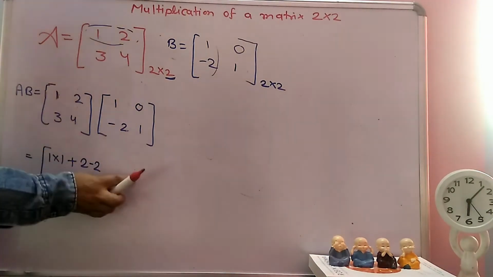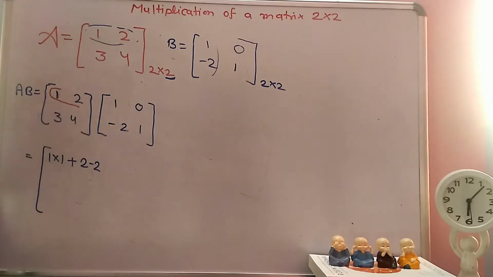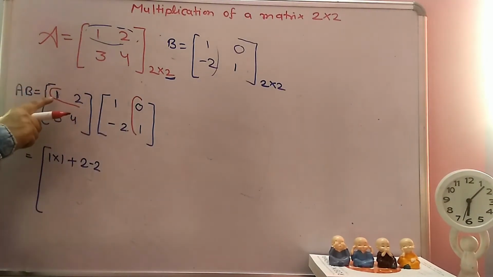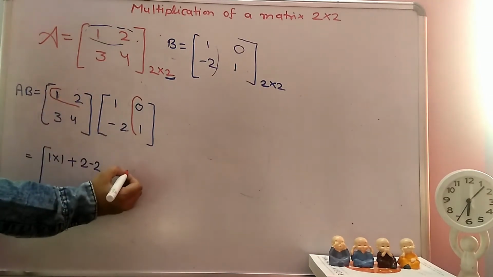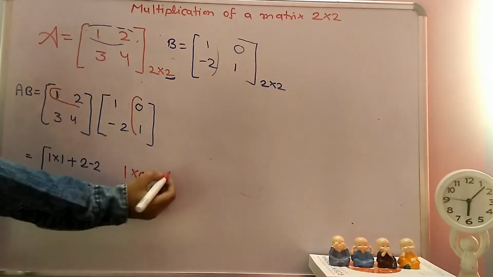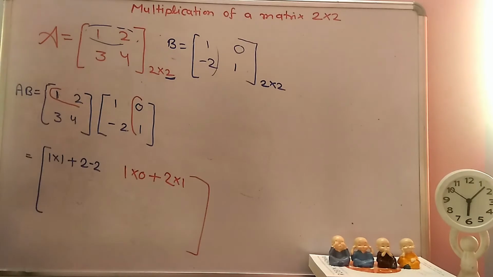Easy. The second element of this matrix, how do we multiply? We take the first row of this matrix and the second column of this matrix. And how do we multiply? 1 into 0, then add 2 into 1. Easy. Okay.